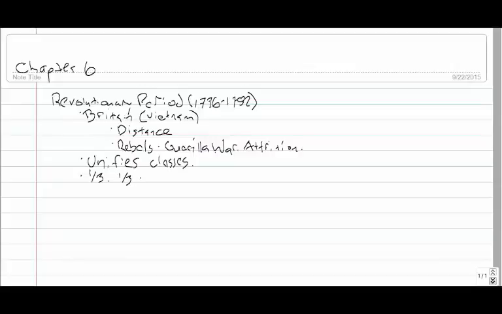So one-third are going to remain loyal. They're going to be described as the Tories. They will remain loyal throughout the war. One-third want to revolt. These are the rebels. And then one-third is simply undecided. And being undecided, that's not a very good percentage to go into any kind of event with.